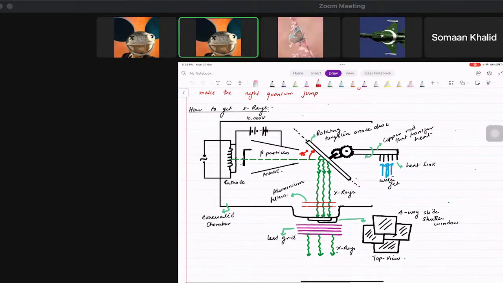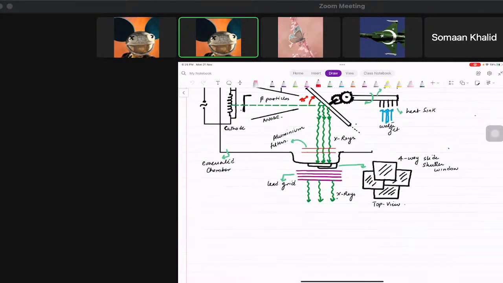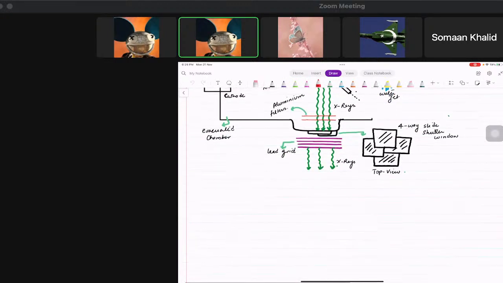So what we're doing right now is the production of X-rays. So now let's go to this: an evacuated chamber is created at low pressure. Thermionic means that we're heating.